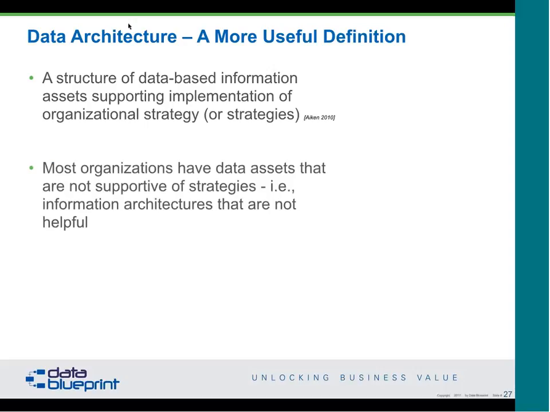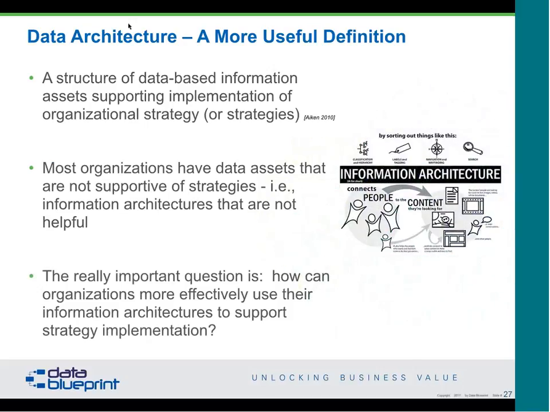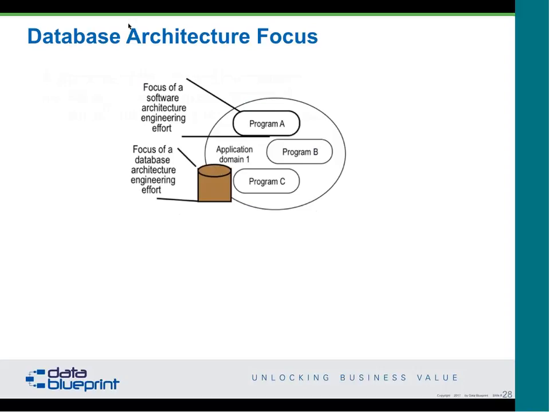The real key is, of course, that most organizations have data assets that are not supportive of strategies. So the question becomes, how can organizations more effectively use their information architectures to support the strategic implementation? And it turns out there are some people in the organization that you can go to. We will get to them in a little bit.